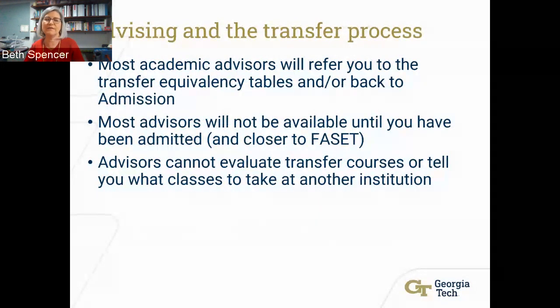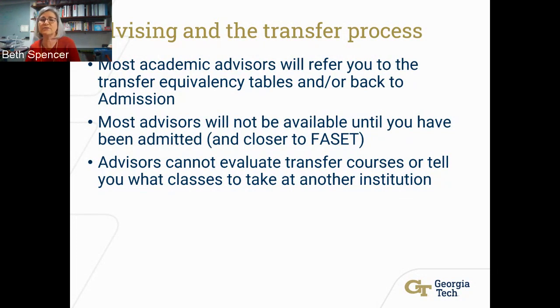And I want to tell you that that's really not the approach you want to take, because almost all of the advisors at Georgia Tech are simply going to refer you back to the admission website and back to the transfer equivalency tables that Ms. Elster has already gone over. They're not usually going to be able to create appointments for you or go into details with you, as somebody who's not already a student here, on how to plan to transfer to Georgia Tech.